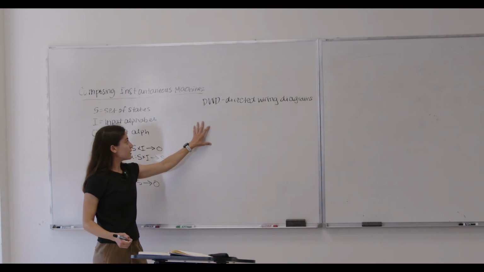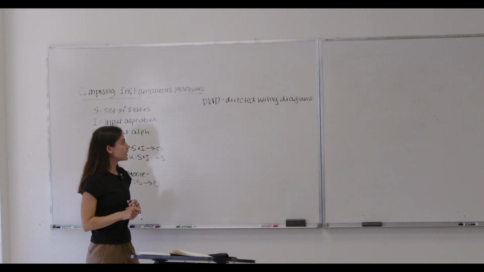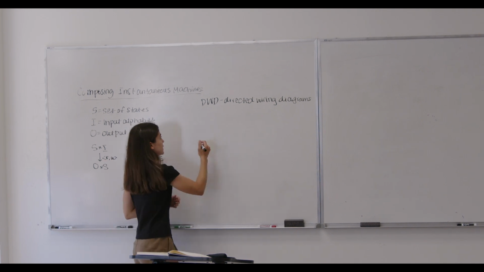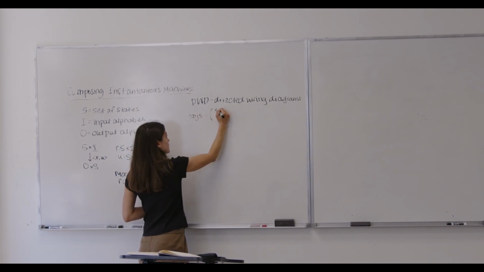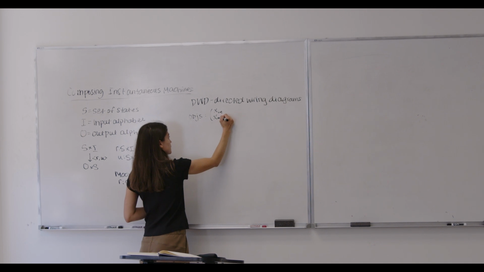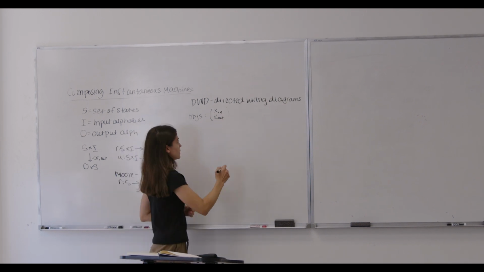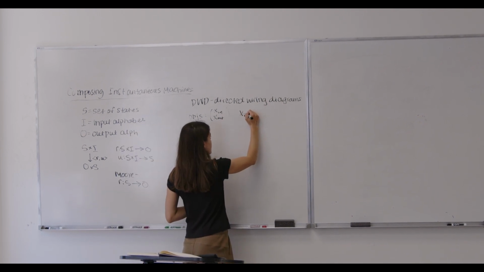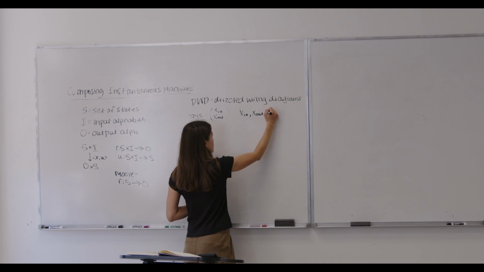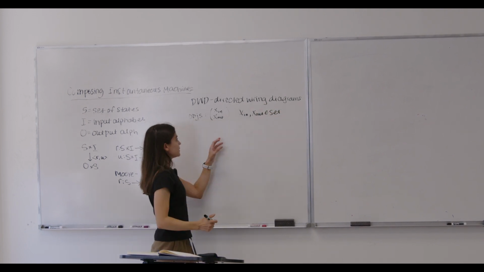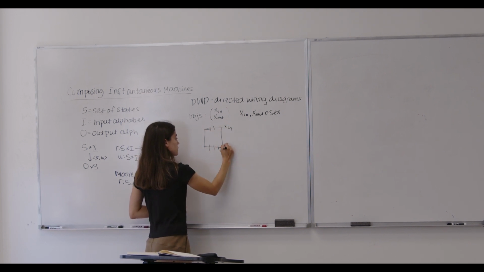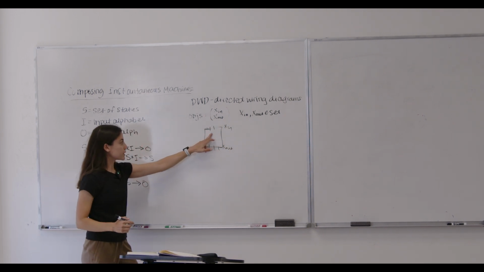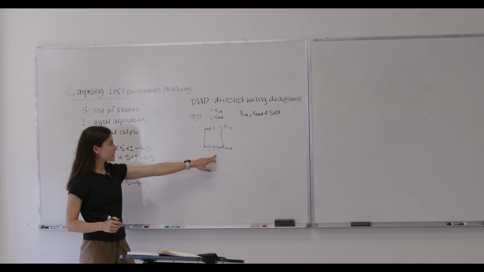This is an operad, so a symmetric monoidal category, and it has objects of this form, where X in and X out are sets. We can view this as an object which has input ports X in and output ports X out.